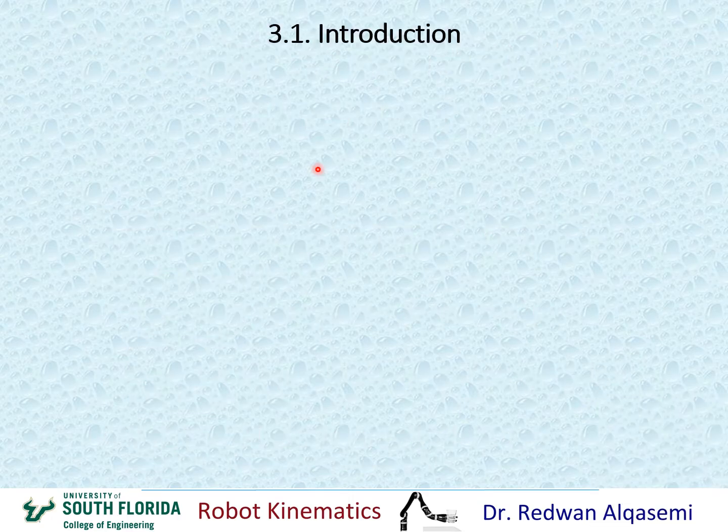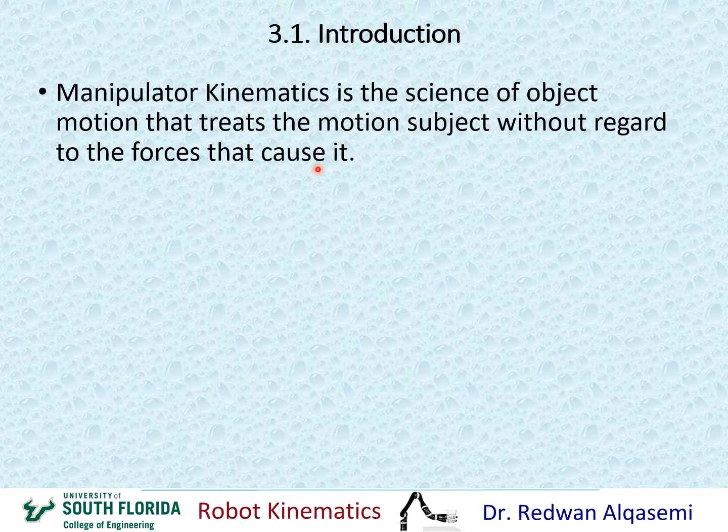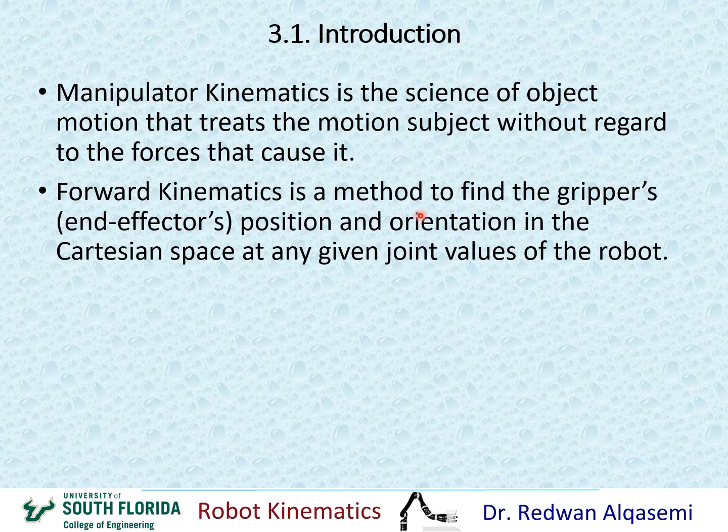Let me start by introducing what kinematics means. Kinematics is the science of object motion that looks at the motion of objects without regard to the forces that are causing these motions. You can think of it as the position, velocity, and acceleration of objects, without looking at the forces or moments that cause the motion.